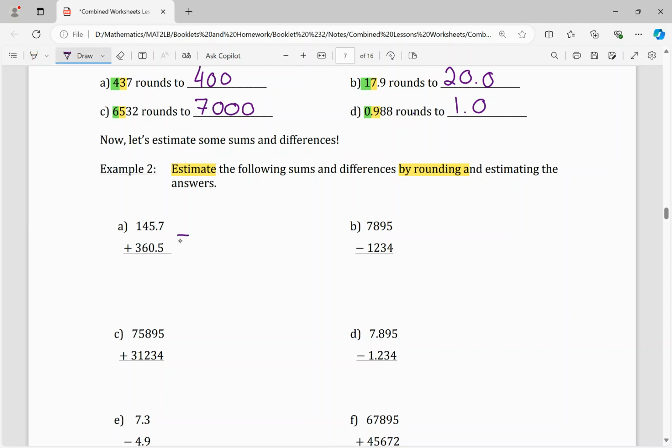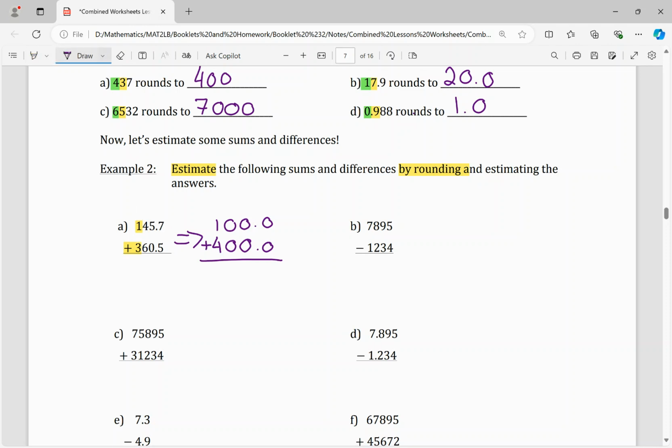So what I want you to do is change the question to 100 plus 400. Why 100 plus 400? Because our first number rounds down and our second number is going to round up, as we did earlier in this lesson.